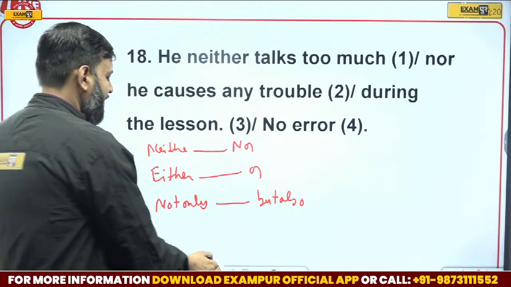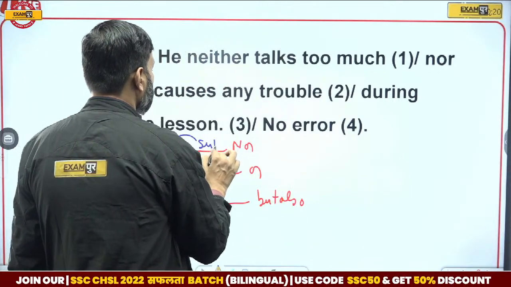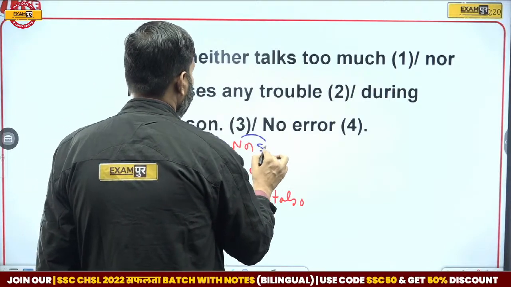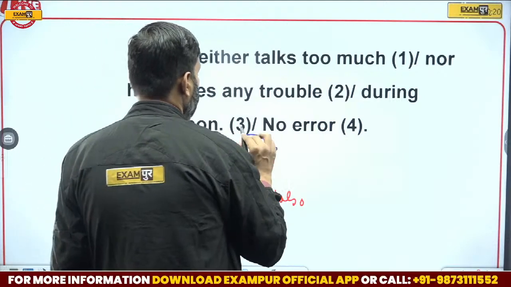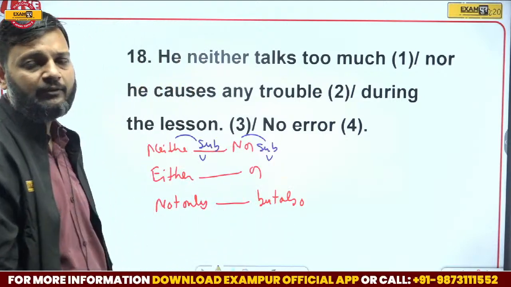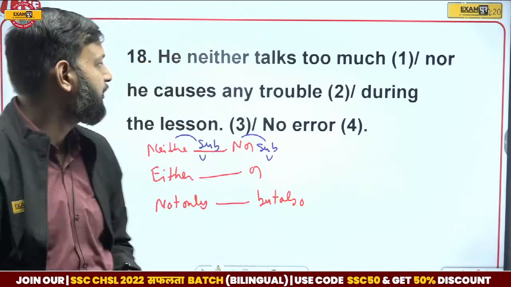It means if there is a subject after neither, nor should also be followed by a subject. If there is a verb after neither, nor should also be followed by a verb. The structure should be the same after both the parts of a correlative conjunction.